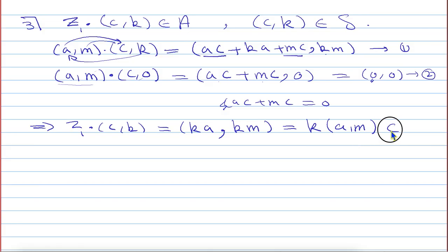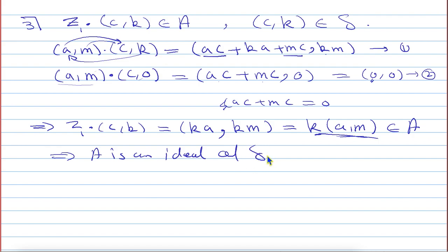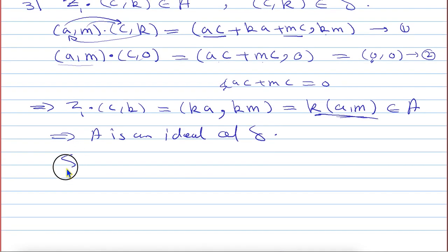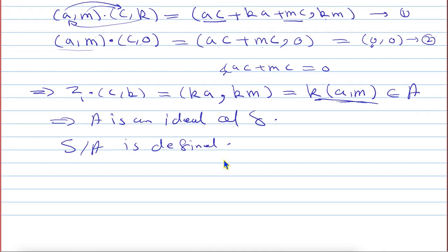So this means this belongs to A, because we can take the product of any element with this product, it will be 0. And this completes the proof that A is an ideal of S, okay? Now S mod A is defined, this quotient ring becomes defined.